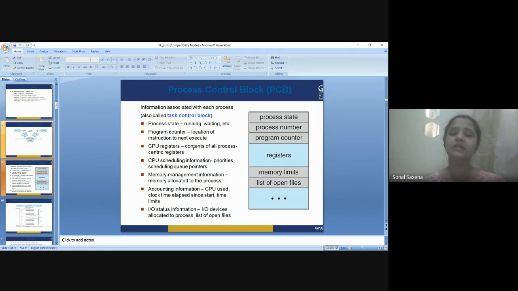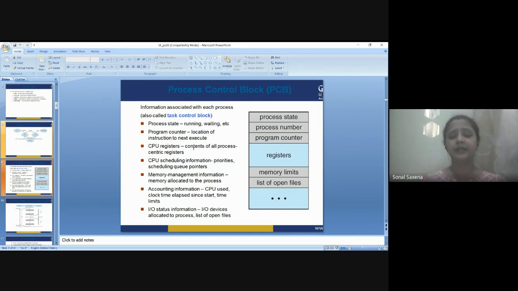This is the case related to CPU scheduling information, where each and every process is assigned some kind of properties or priorities. Other information can also be there regarding your process, some kind of instruction which you want to give. So anything related to the scheduling information is inside this part, right?